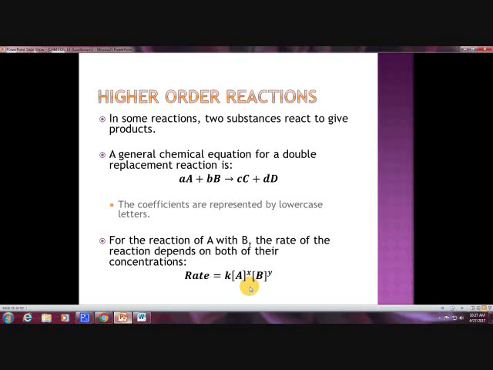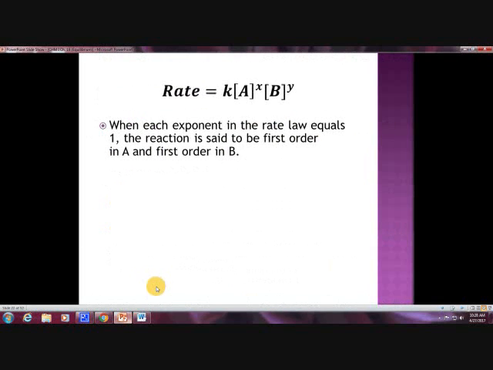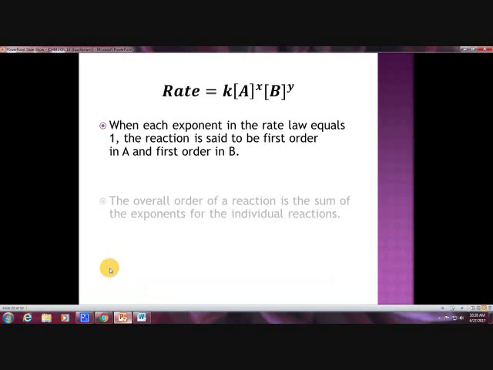It's important to note here that you don't use the coefficients to know what the rate orders are, okay? The coefficients have nothing to do with the rate law. They're just there just because. Okay. So for our rate law, when each exponent equals 1, then we say it's first order in A and first order in B, because they both equal 1.